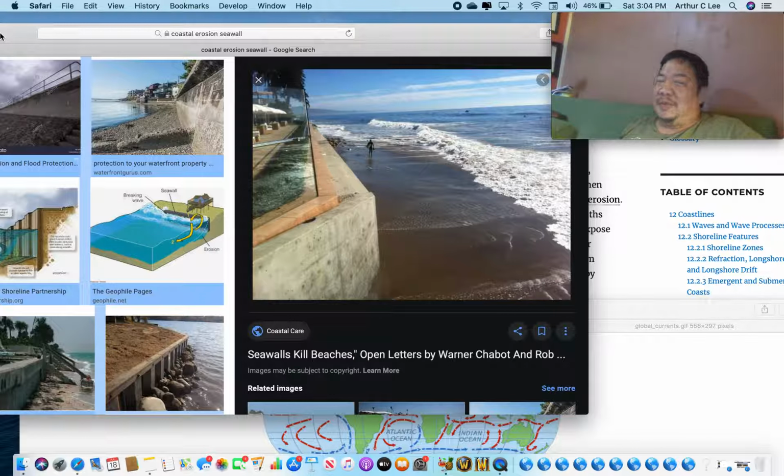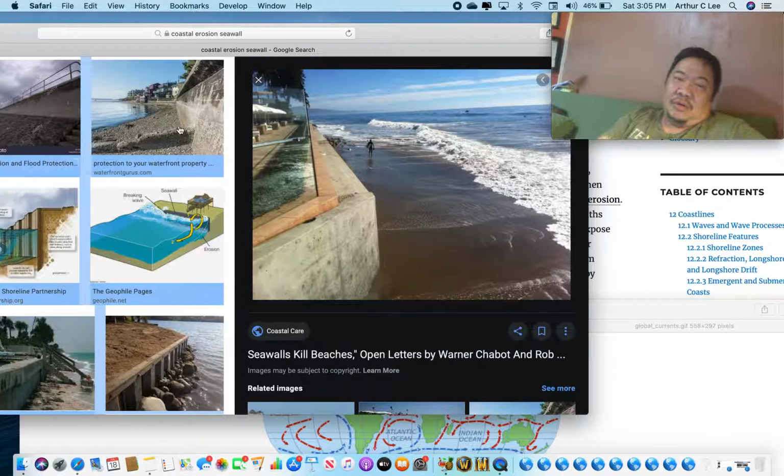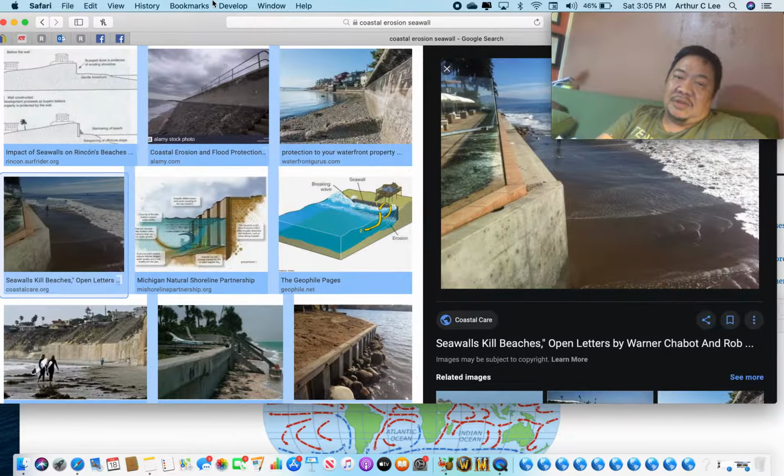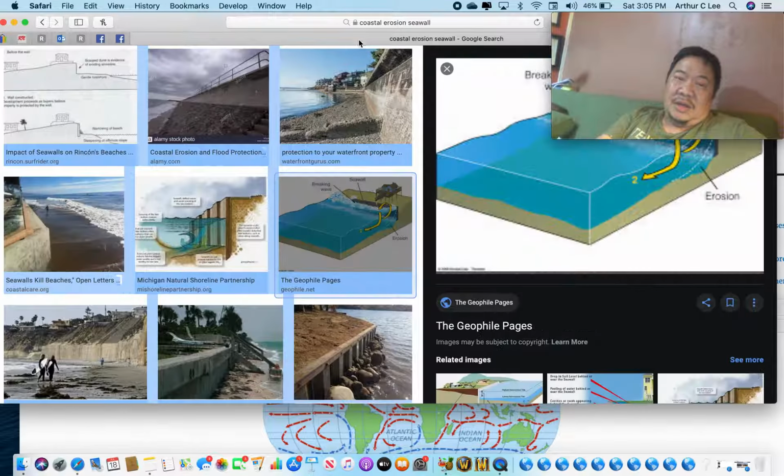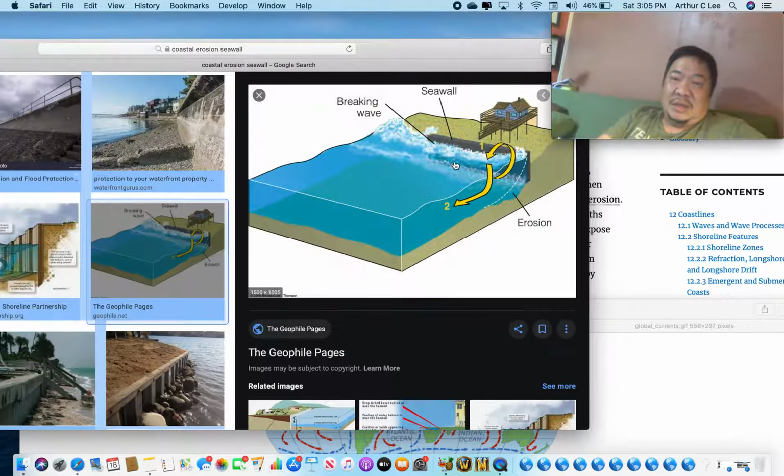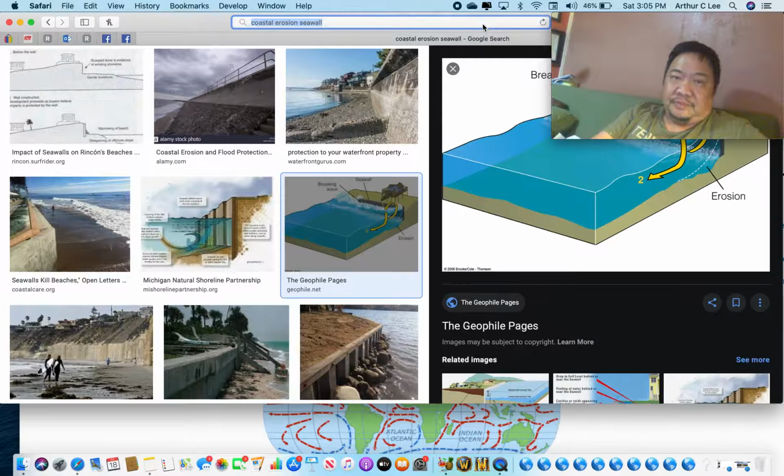If you have no beach, your property is not worth as much. If you have a hotel like these people here have, who's going to want to go to this hotel when there's no beach left? So that's going to reduce your property value. So seawalls don't work very well because you lose the sand in front, the beach in front of the seawall. What else can you do?